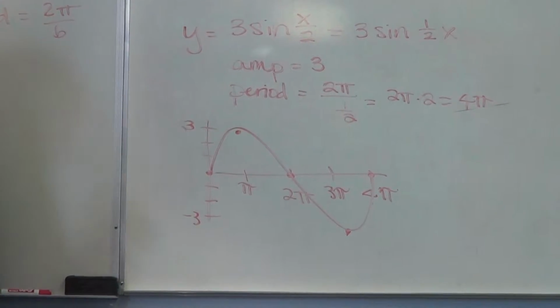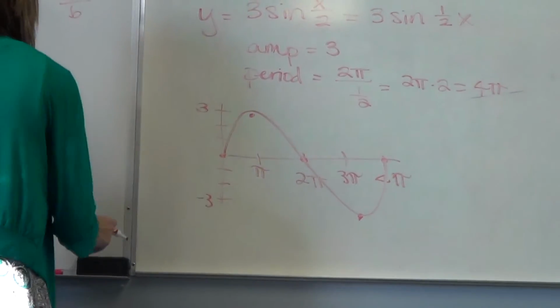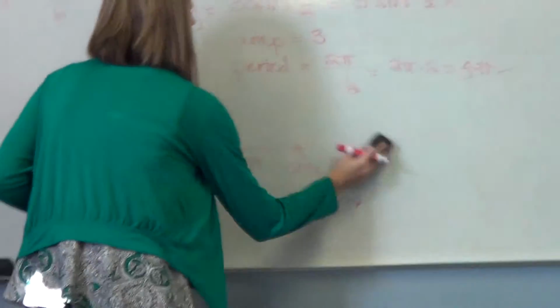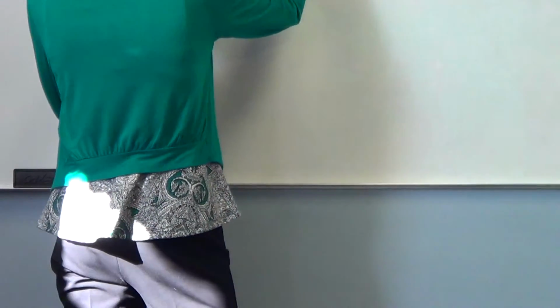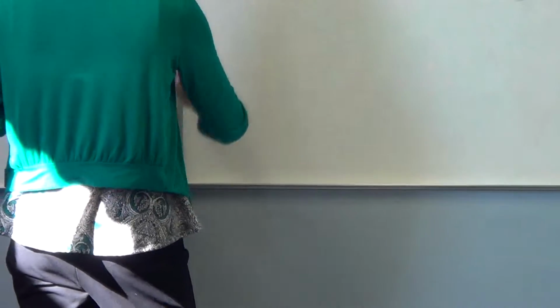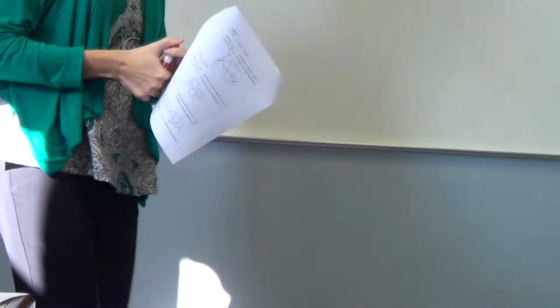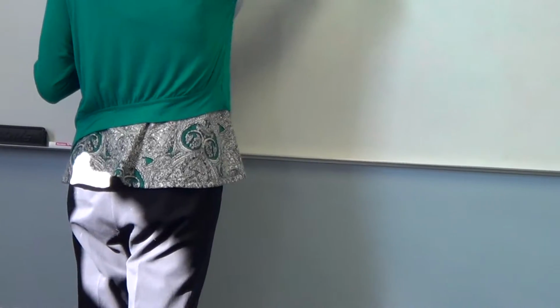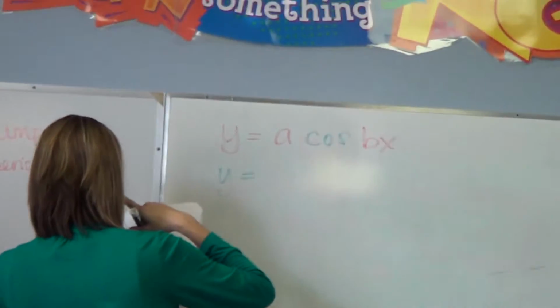Okay. So the second example is a cosine. Again, it's the same basic form.